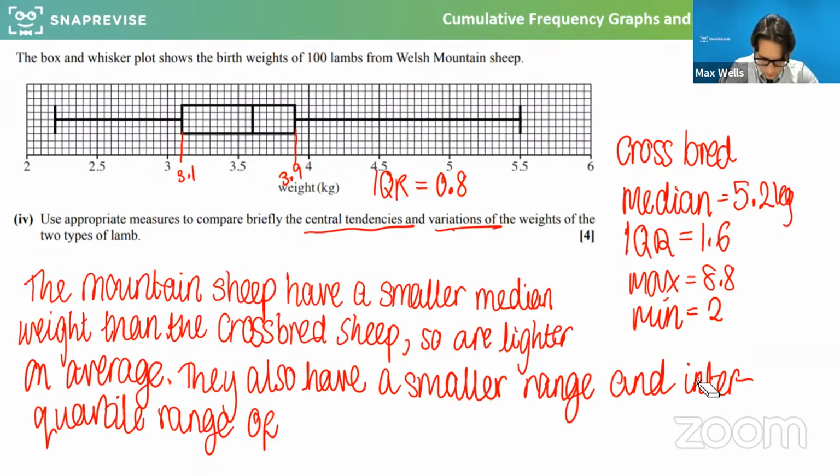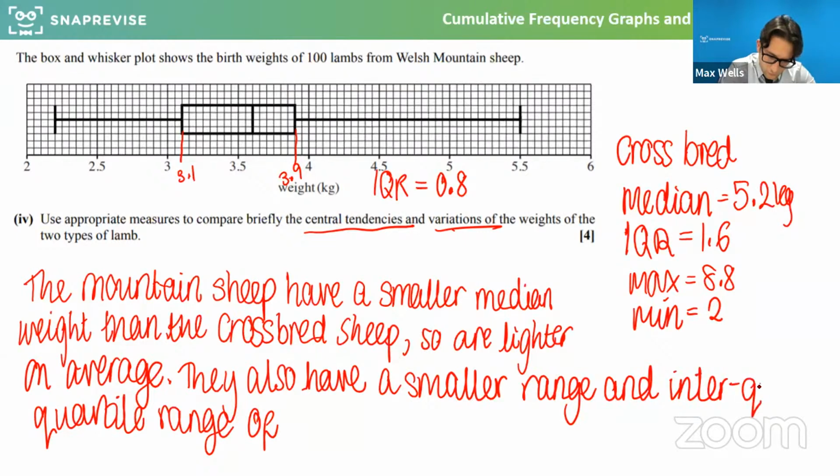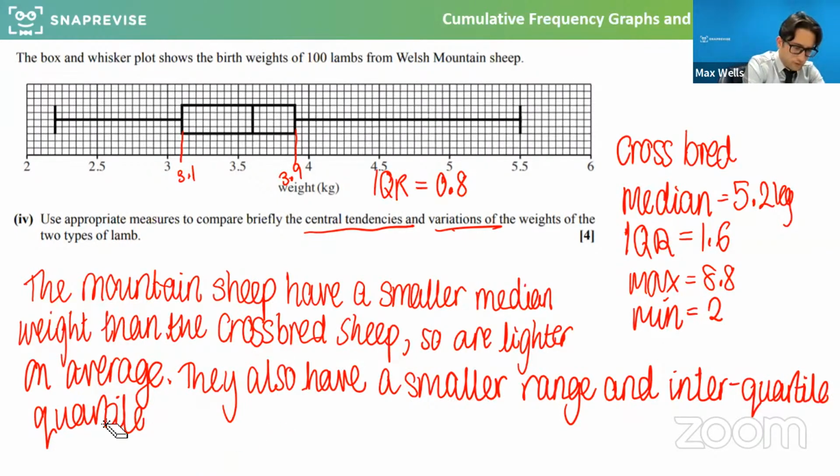Sorry, let me just try and make it a little bit clearer. Smaller range, interquartile range of weights.